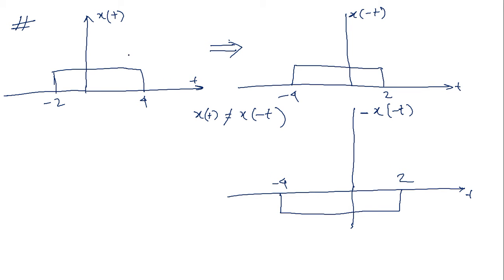If the amplitude is 4 here, also 4, here it is minus 4. Here the origin is t equals 0. Here the origin is also t equals 0.